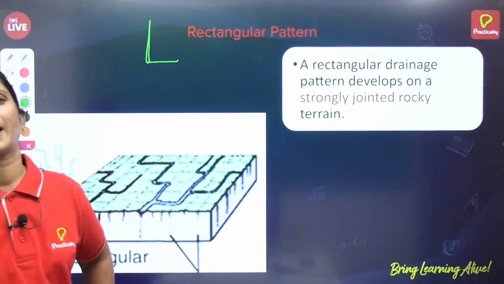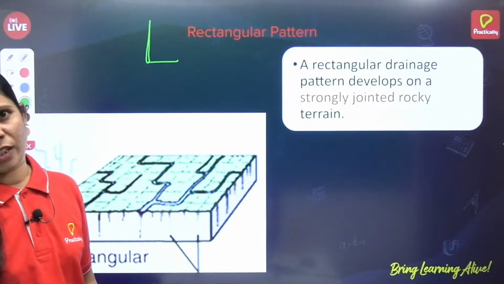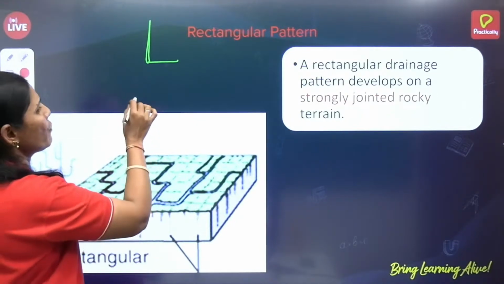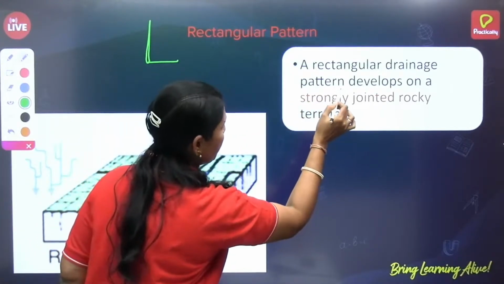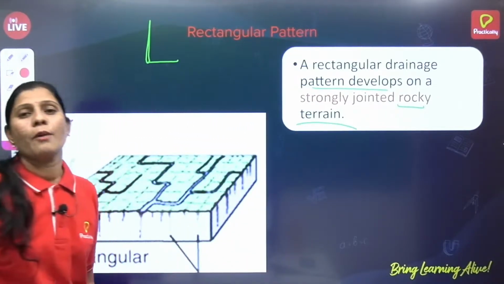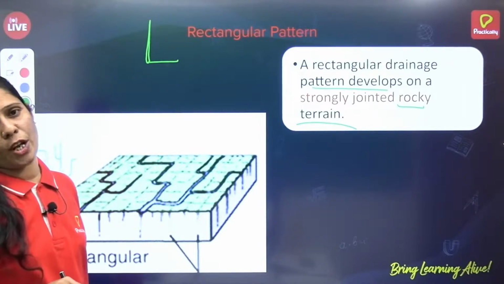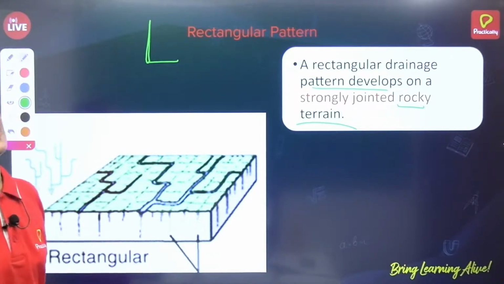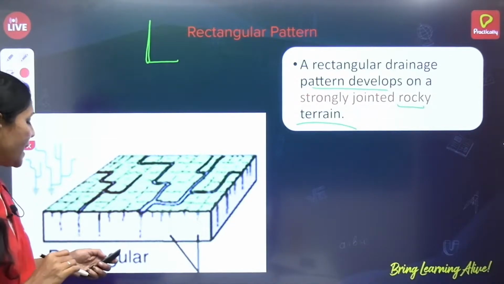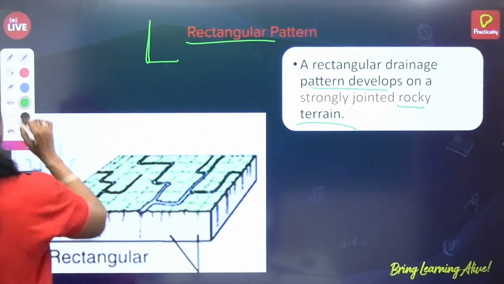The river has the capacity to cut or push even rocky structures. So in the course of rivers, we find this pattern is developed where there are rocky terrains. In such landforms, a rectangular drainage pattern is developed. So that is the third type of drainage pattern.